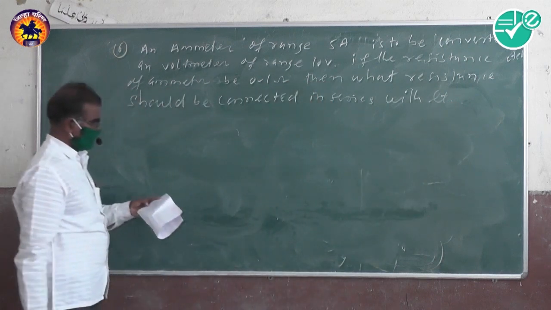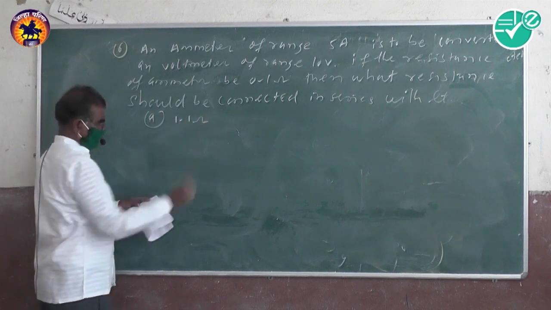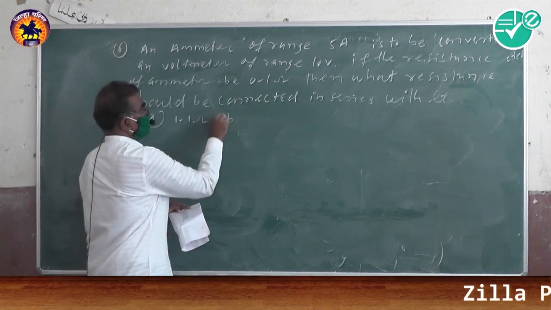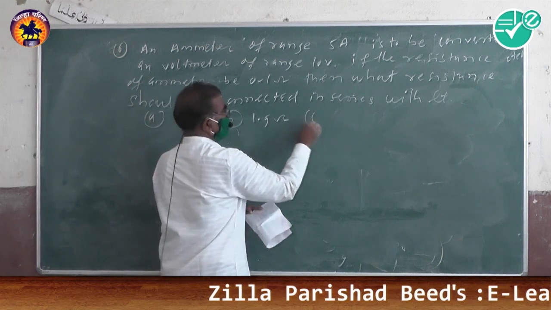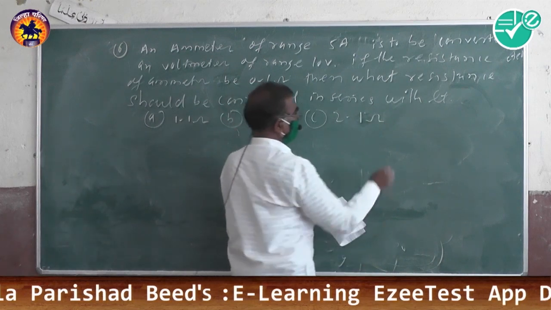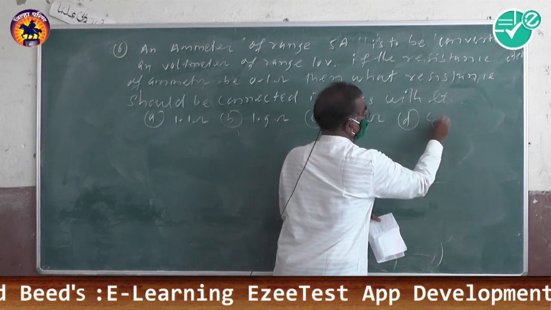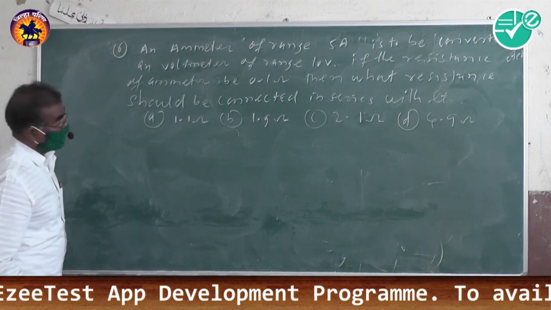That is multiple choice A 1.1 ohm, B 1.9 ohm, C 2.1 ohm, D 4.9 ohm.